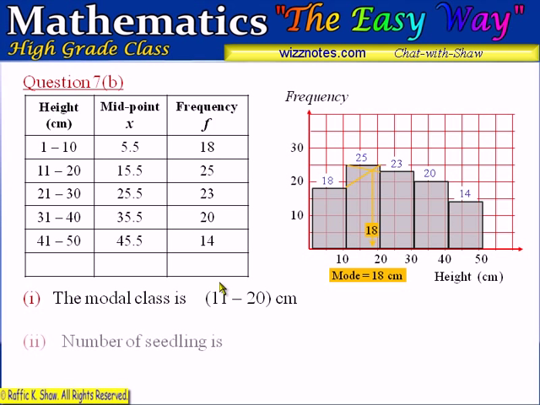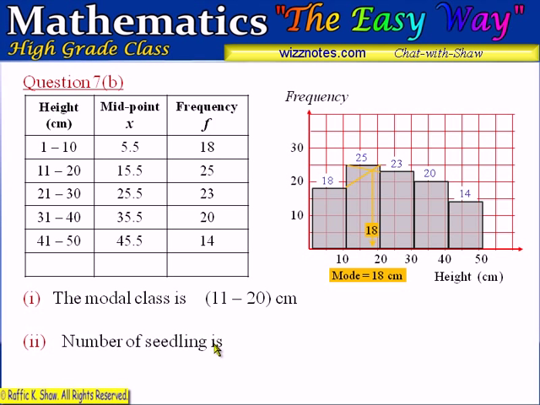Now the second part is asking us for the number of seedlings. This table shows that there are 18 seedlings in this class, 25 in this second class, 23 in this third class, 20 in this fourth class, and 14 seedlings in this class.